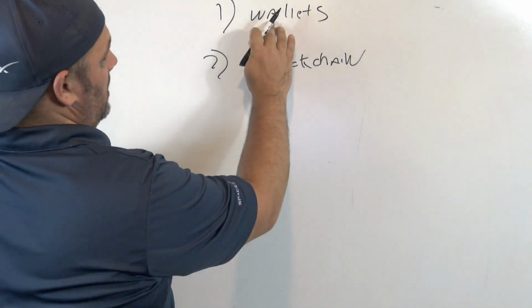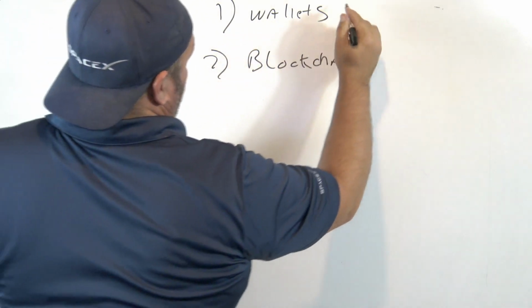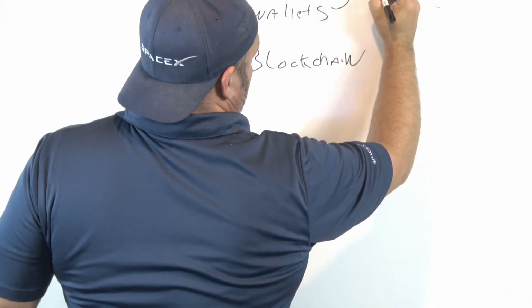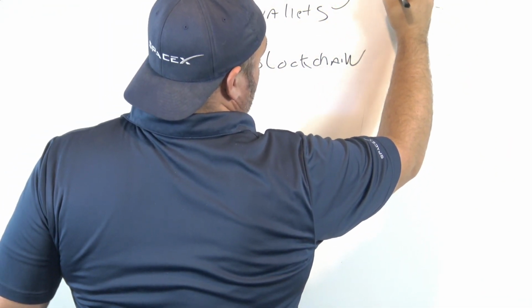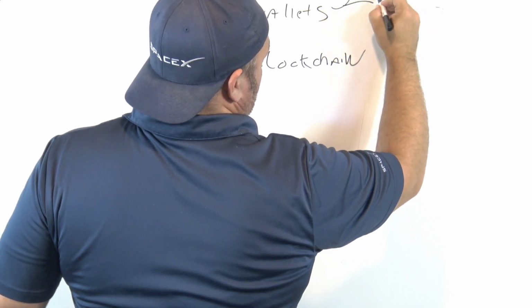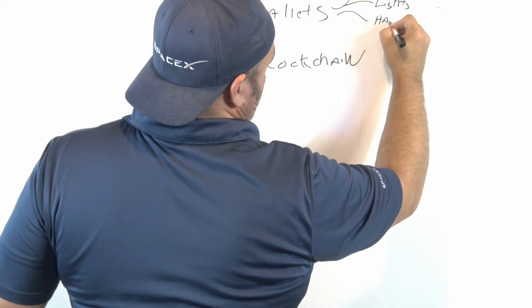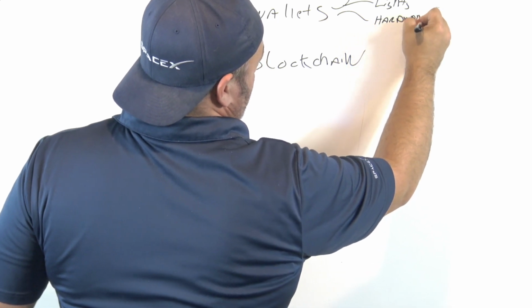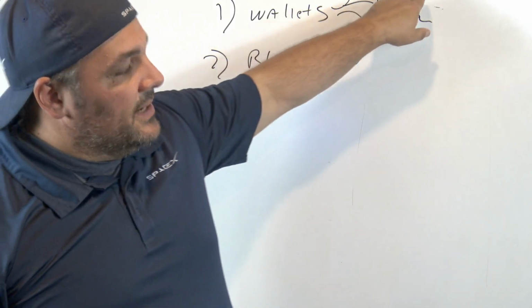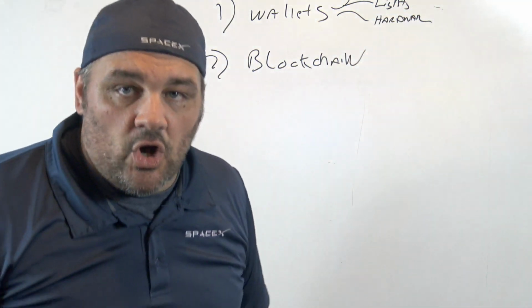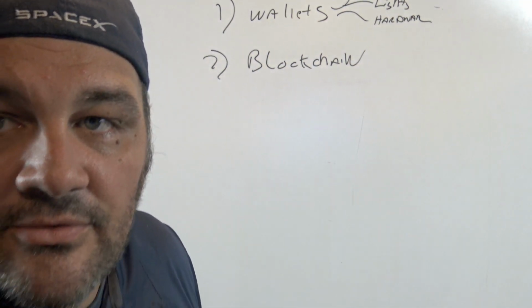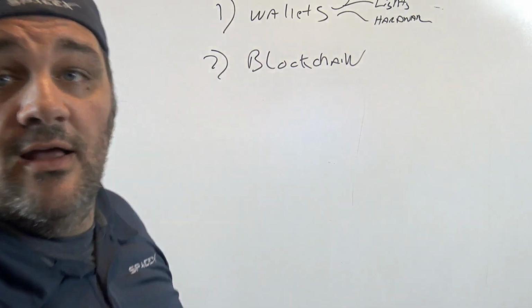But this wallet piece really breaks down into full clients, light clients, and hardware. I'm going to break down the real difference between all of those and make sure you guys can see that, which looks like I'm a little above.